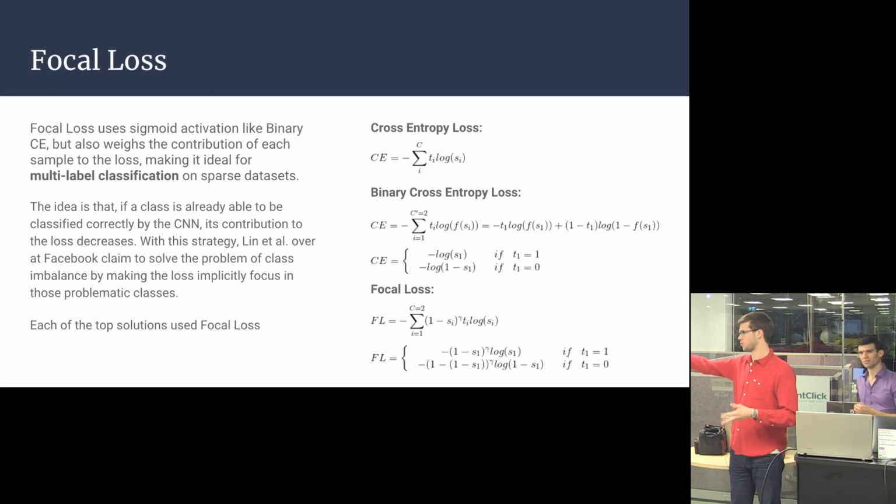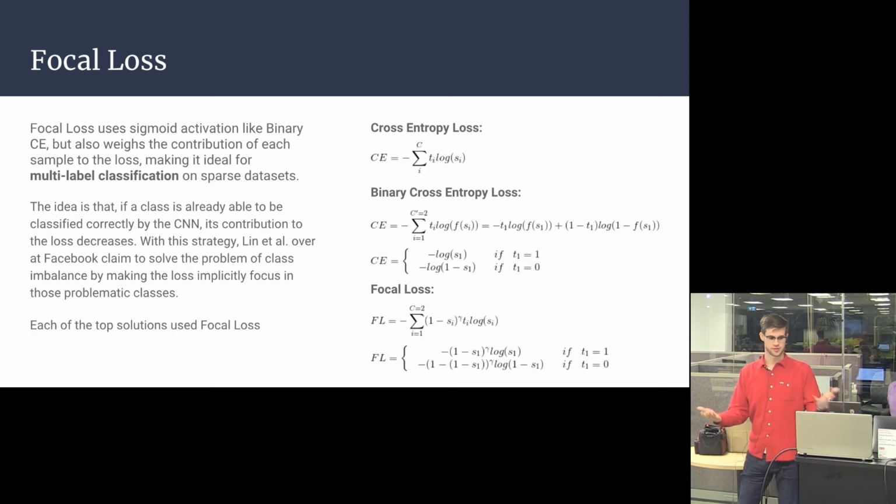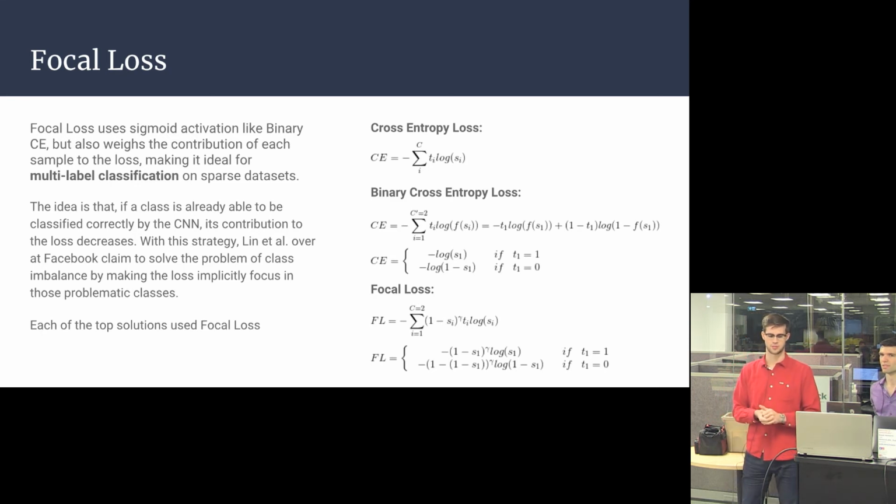And then with binary cross-entropy loss and focal loss, you typically see those used for examples where the output has multiple things turned on, or multiple labels apply to the same example. You can still have just one label applying to an example, but you could have more. And so this tuning parameter is basically what makes focal loss really well suited for these multi-label examples that have class imbalance.